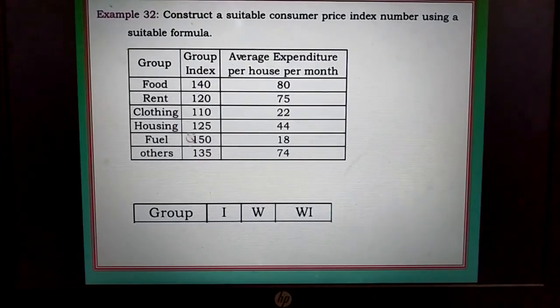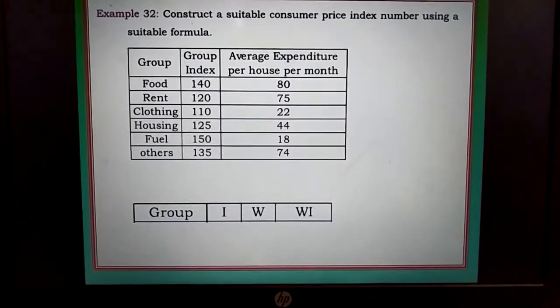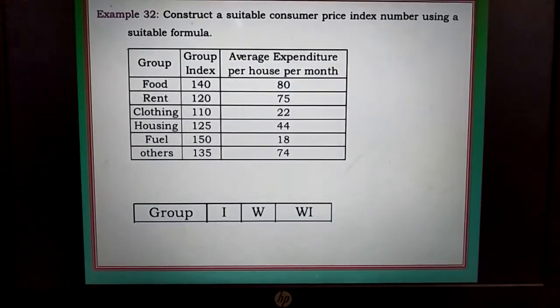That means indices are already given, which will be taken as capital I. Average expenditure per house per month is given. Average expenditure will be taken as the weight applied to those groups. So I is given and this will be considered as W. So first I is given and the second column will be W.